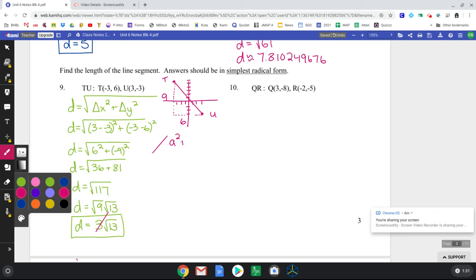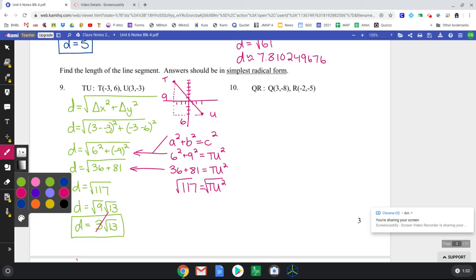So if I'm using the Pythagorean theorem, a squared plus b squared equals c squared, we end up with 6 squared plus 9 squared, and we're looking for the length of TU, so TU squared. So 36 and 81 is TU squared, and hopefully we're seeing the parallels between each of these formulas. 117 equals TU squared.